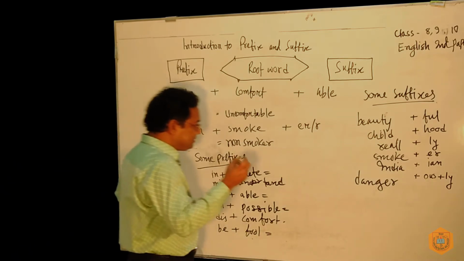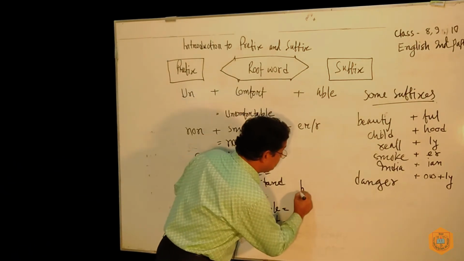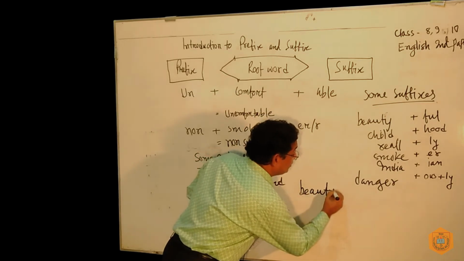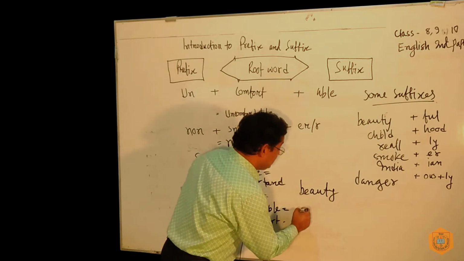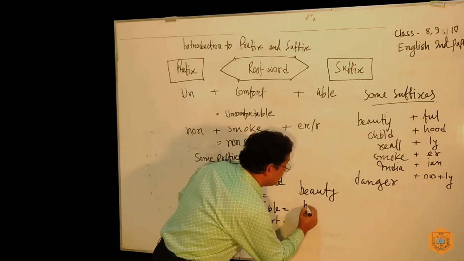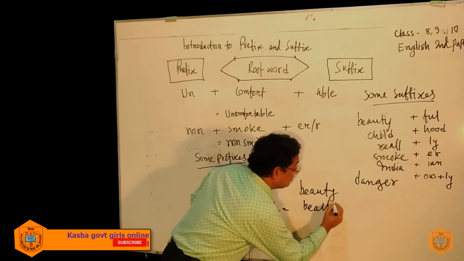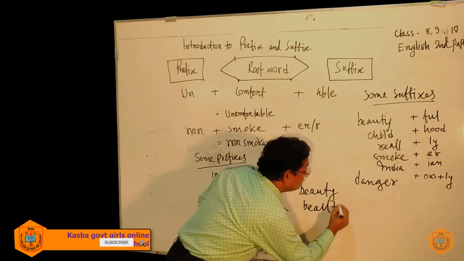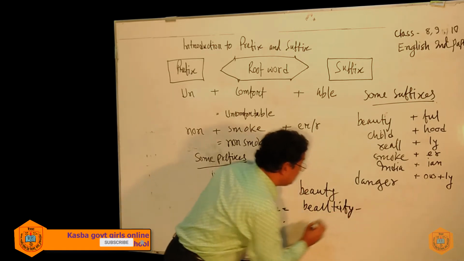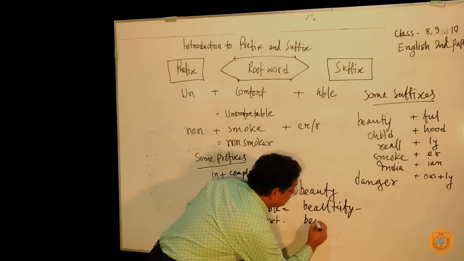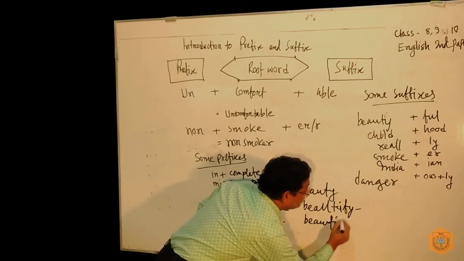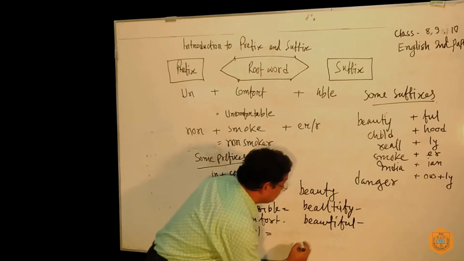Like if you say that beauty is a noun, we can make it beautify. This is a verb. And if we say beautiful, it is an adjective.